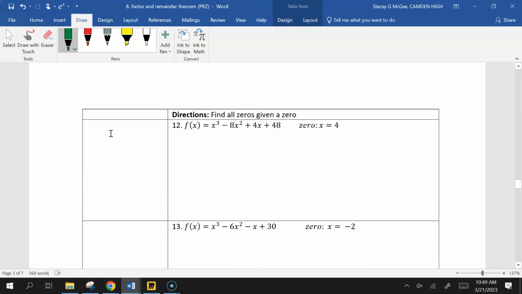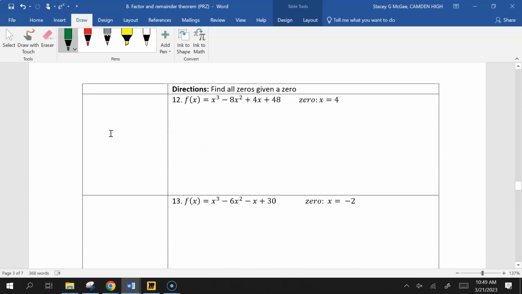Okay, so go down. This time I'm given a 0. So what I'm going to do is change the 0 to a factor: x minus whatever that 0 is.